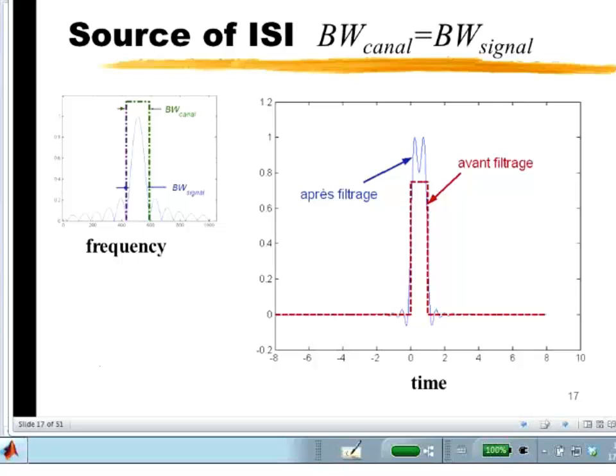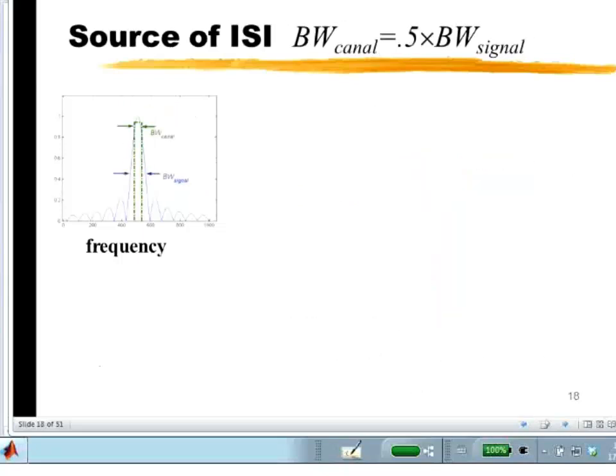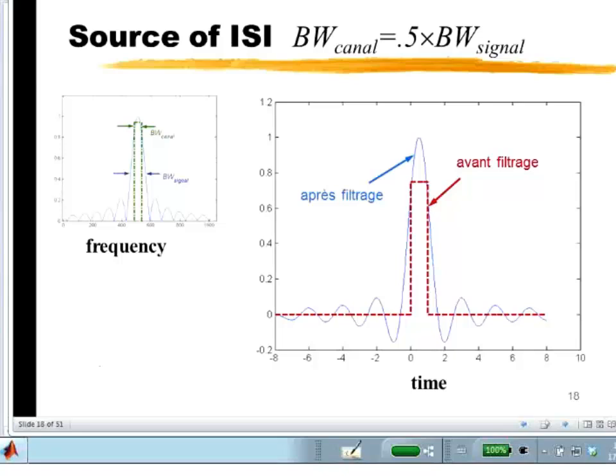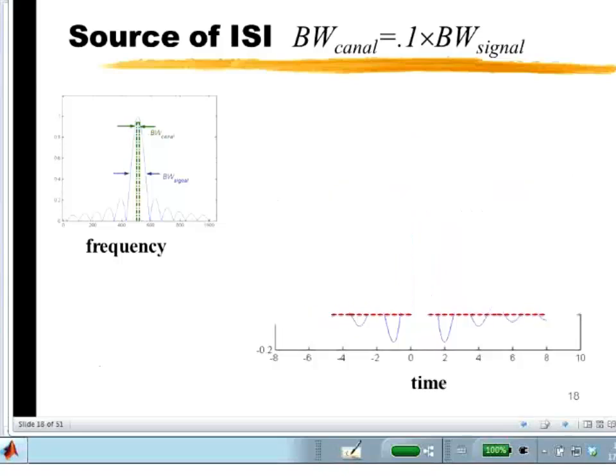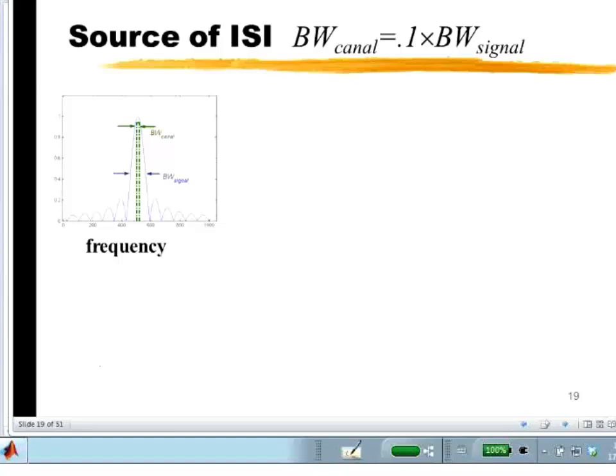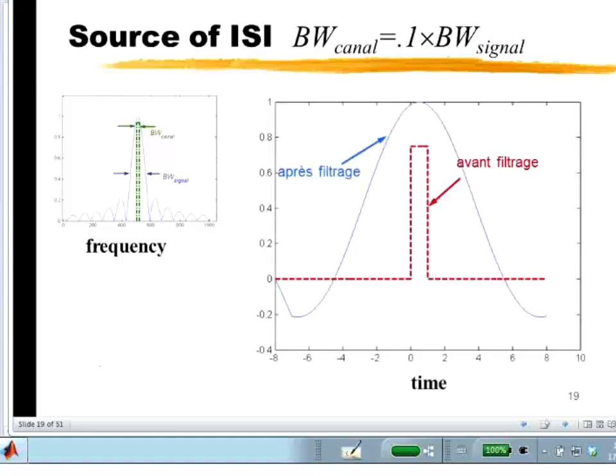There's ringing around 0. And of course if I try and make the channel bandwidth smaller, what I get is more spreading, in fact quite a bit more spreading in the time domain. And if I try to get a very ridiculously small channel that is 1/10 the bandwidth of the original signal, I have an immense amount of spreading.